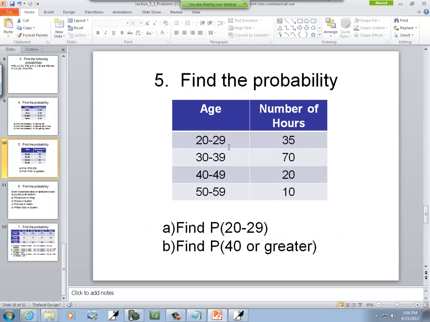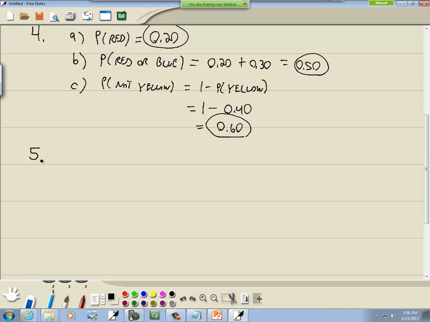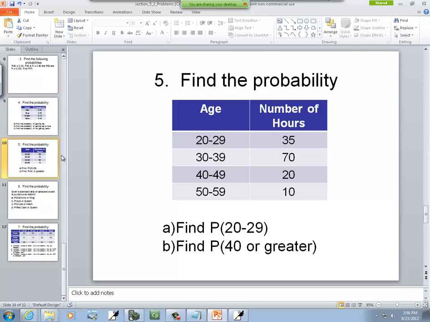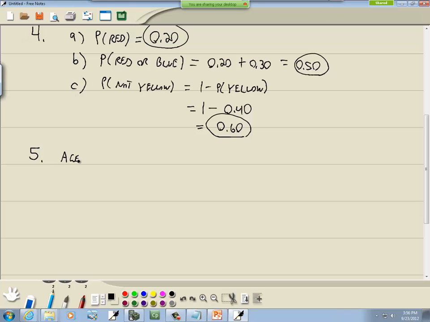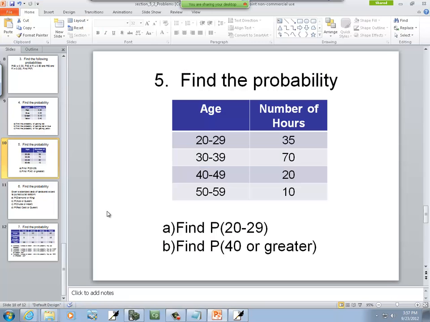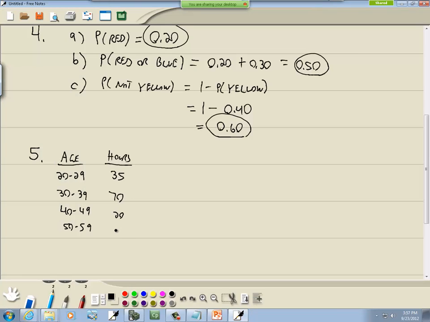Let's take a look at our next one here. Okay, so we got age 20 to 29, 30 to 39, 40 to 49, and 50 to 59, in hours: 35, 70, 20, and 10.